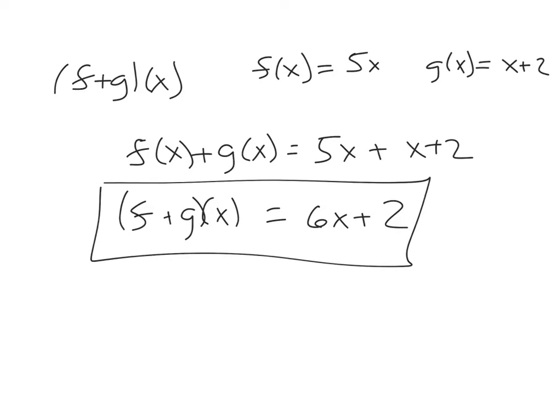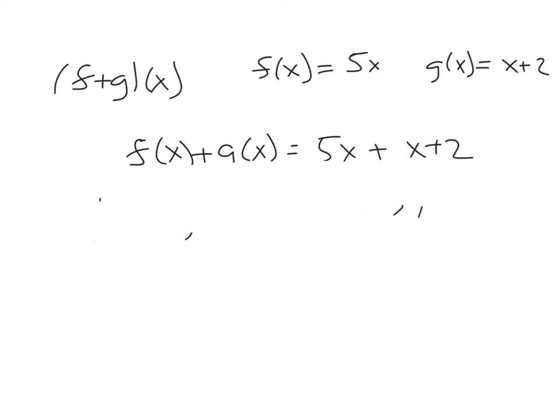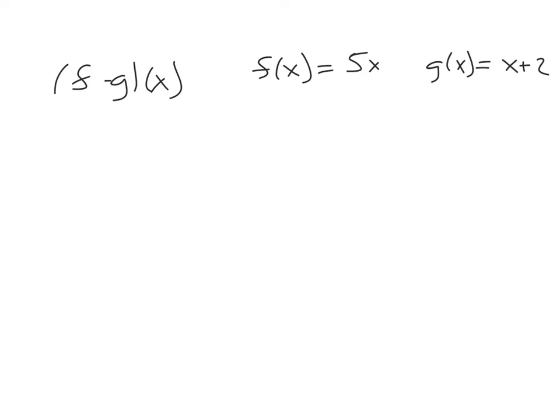Now let me back up, and let's go ahead and do where we subtract. Okay, so let's now look at subtraction. Let me change the symbol there. So now we have subtraction. Let's use the same f of x and g of x. That means f of x minus g of x is going to be equal to 5x minus x plus 2.